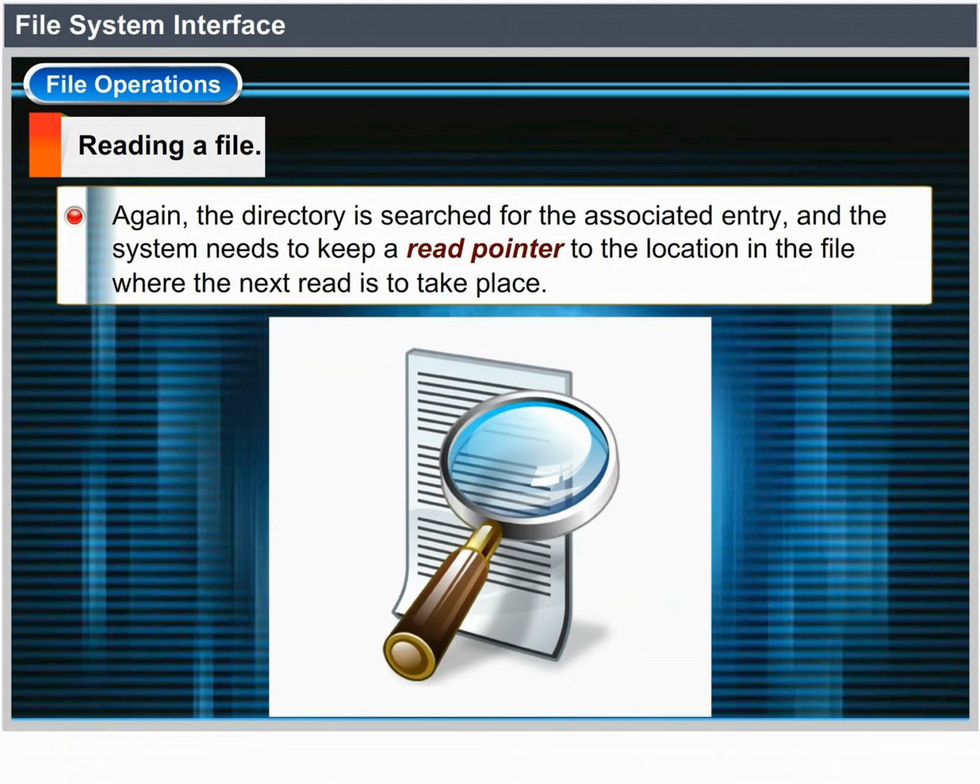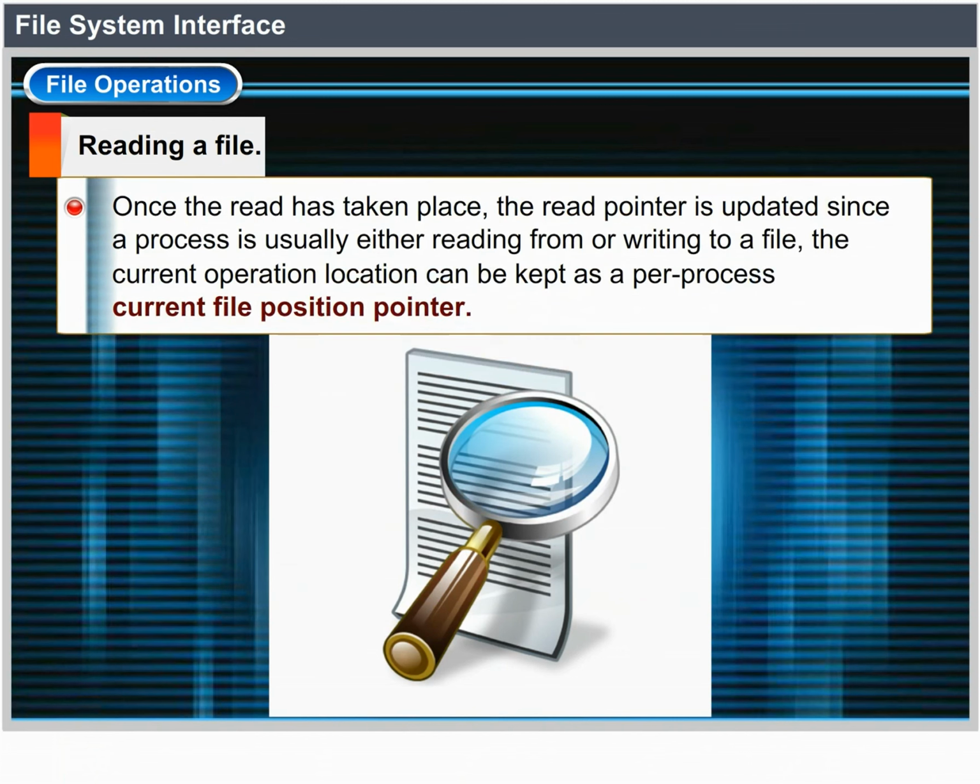Once the read has taken place, the read pointer is updated. Because a process is usually either reading from or writing to a file, the current operation location can be kept as a per process current file position pointer. Both the read and write operations use this same pointer, saving space and reducing system complexity.